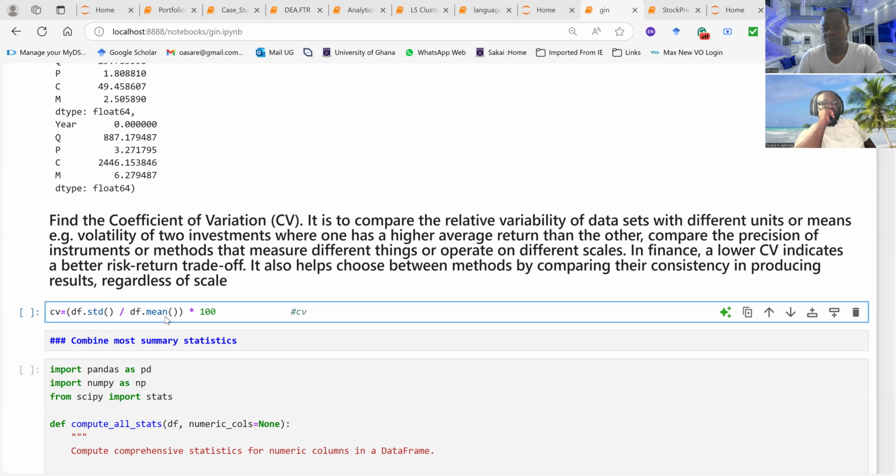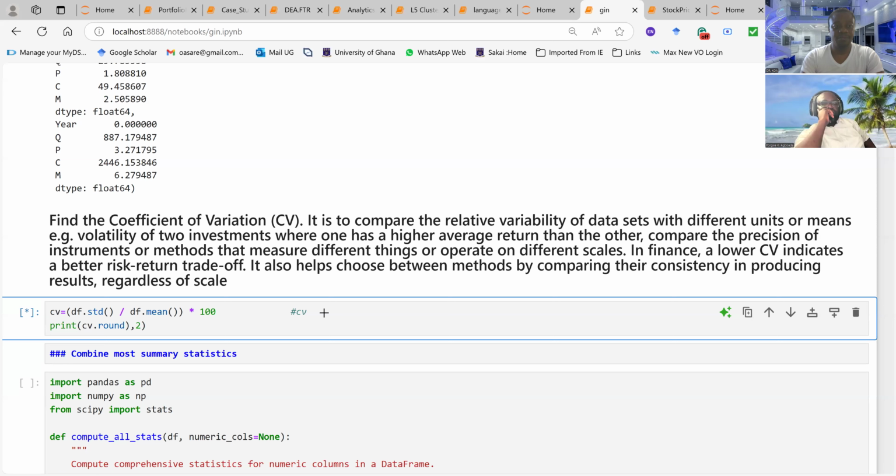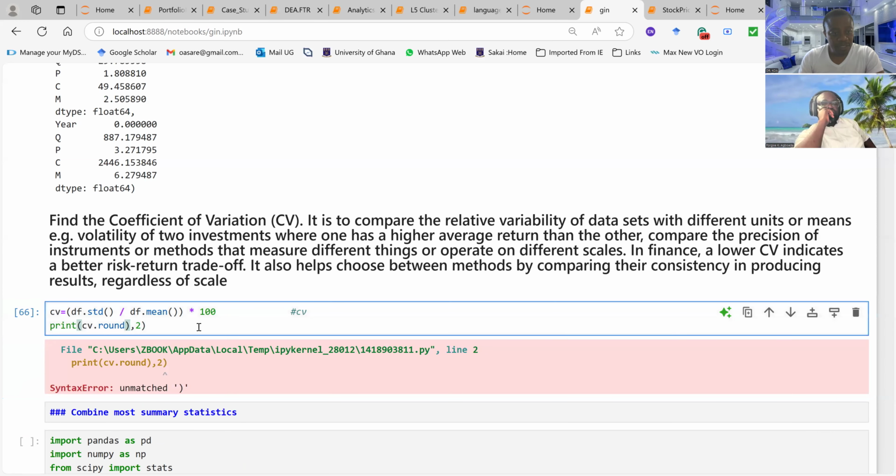That's it. We can round the answer. So let's print the results, but we want to print the results in 2 decimal places. So let's say CV that we are going to print, CV round, step out of the bracket and do 2 decimal places. Yeah, I knew there's a typo somewhere. Let me share.